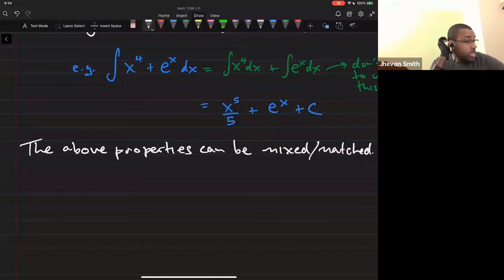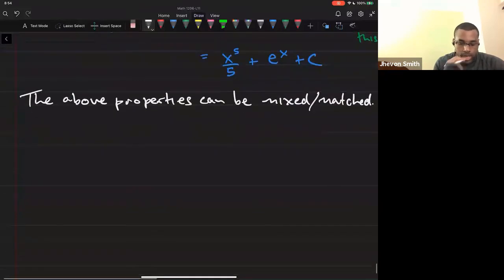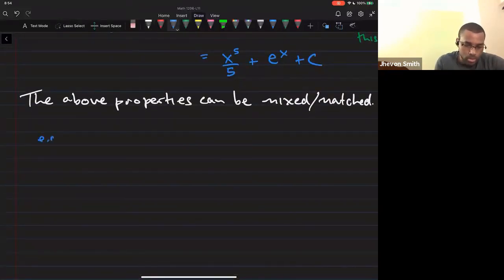And also, as with derivatives, you can mix and match these properties. So say I have the antiderivative of, say, 10x to the 4th minus 3 over x plus 2.